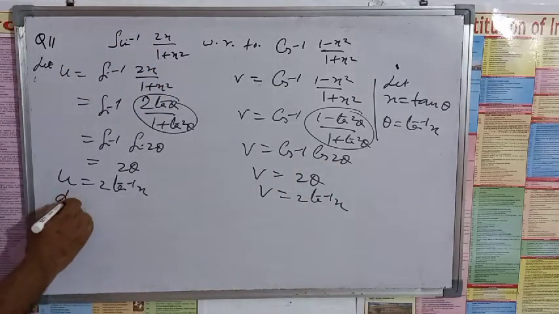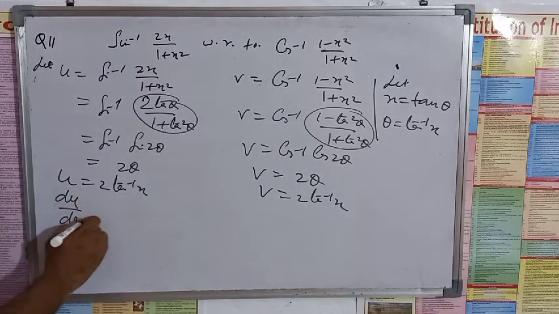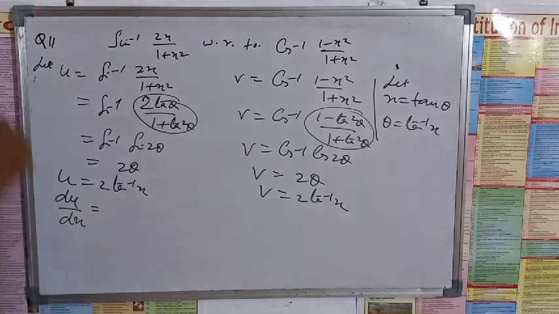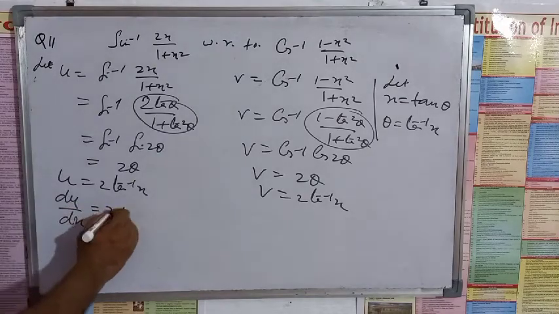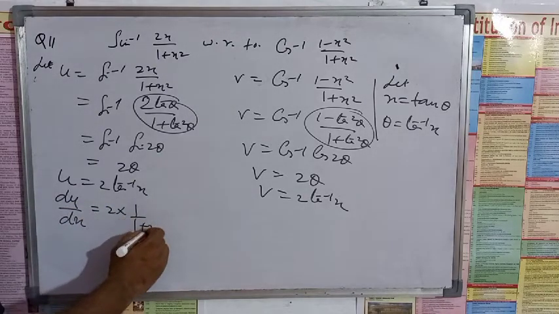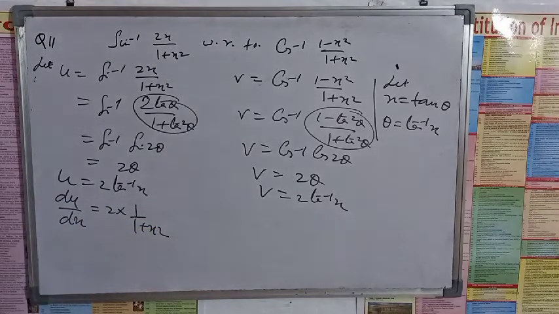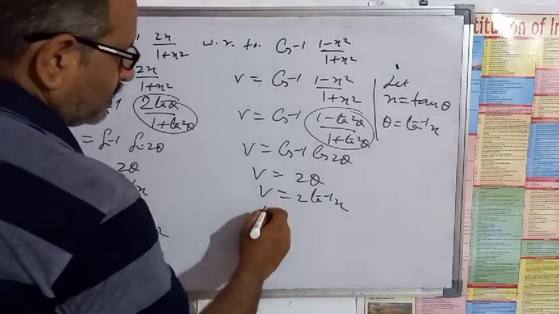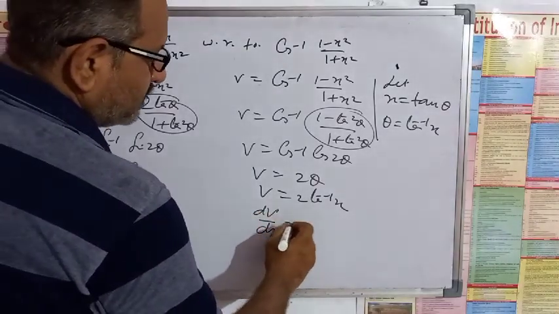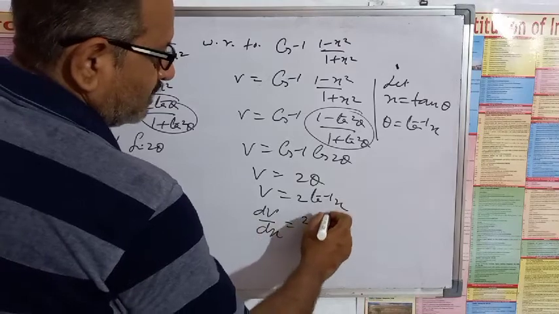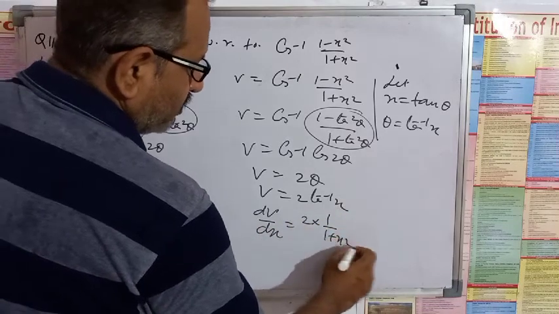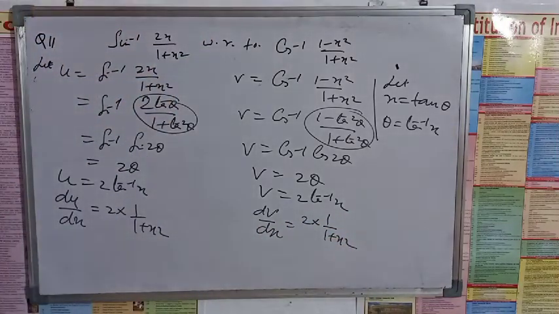Now differentiate. Du by dx is equal to 2 into the derivative of tan inverse x, which is 1 upon 1 plus x square. Dv by dx: 2 is a constant, and the derivative of tan inverse x is 1 upon 1 plus x square.